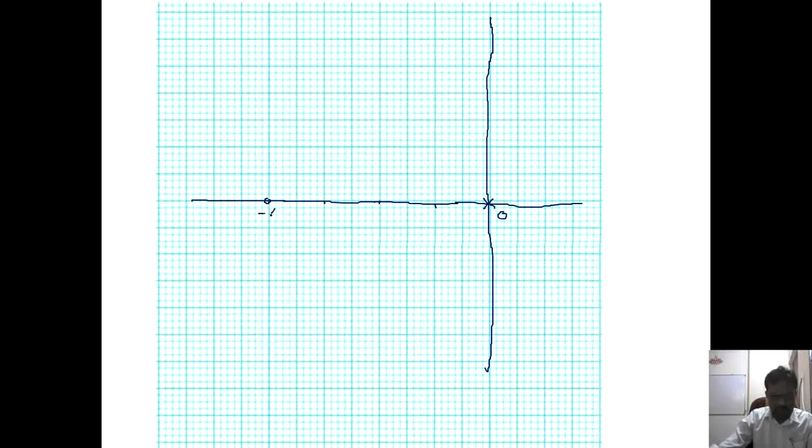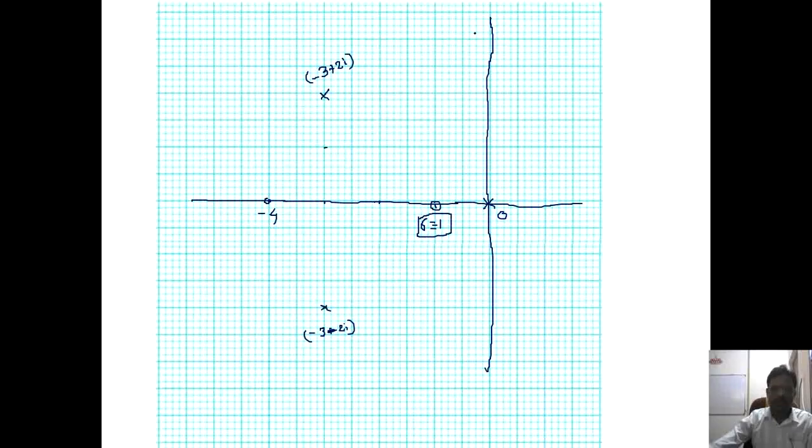Here our 0 is present. Then at minus 3 plus 2i, and here minus 1, minus 2, minus 3, plus minus 2i, another pole. Then the centroid is at sigma equal to minus 1.